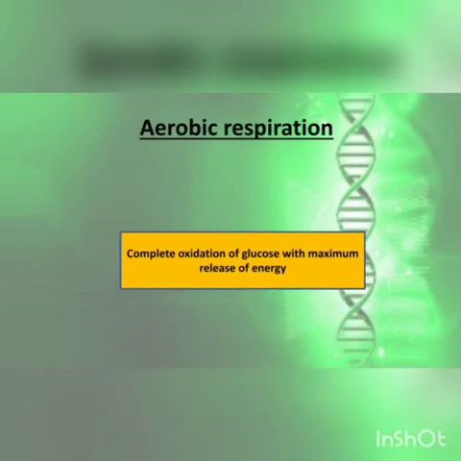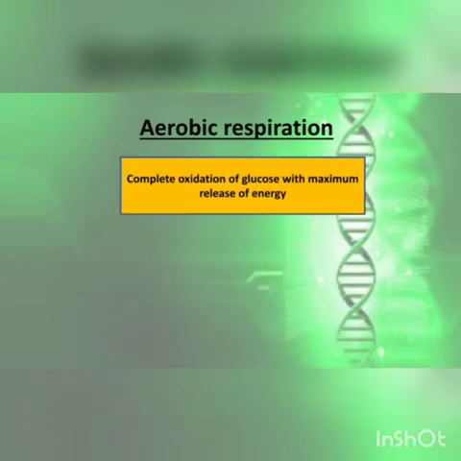Aerobic respiration. There is complete oxidation of glucose with maximum release of energy. Means in this process complete oxidation and maximum release of energy is involved. Glucose is one of the important fuels of the cell for the utilization of energy. So let's see its equation.